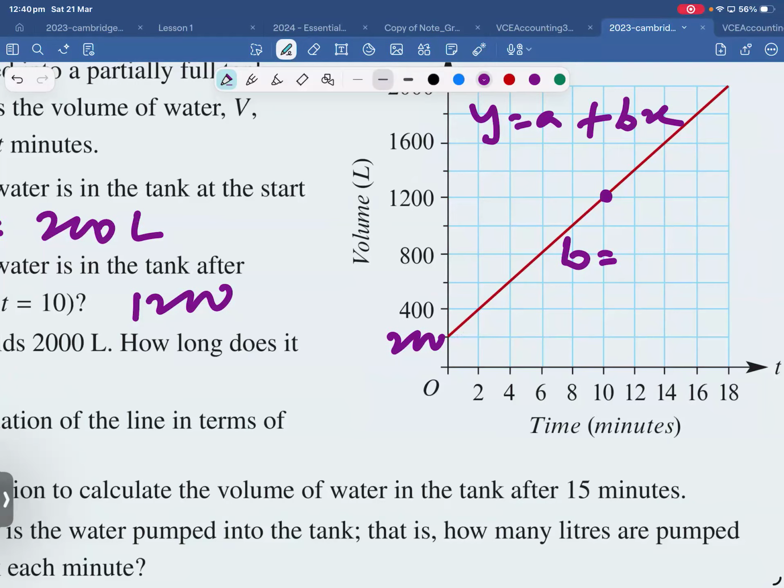So 0 and 200, yes. We'll take it as number 1. And then this one, number 2.